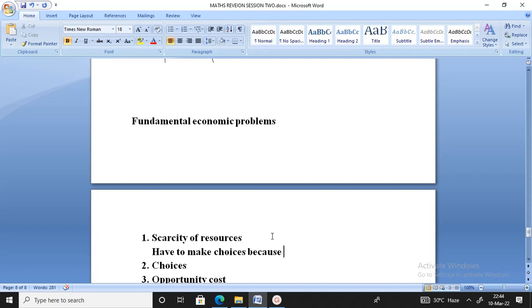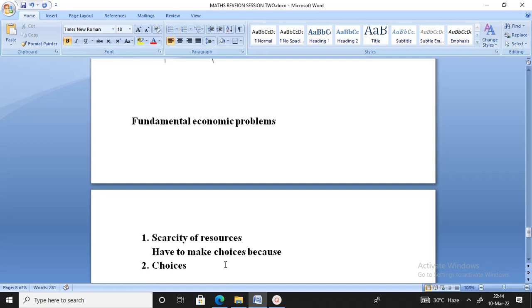So scarcity means the firms do not have enough resources to offer all the services that they can offer in the industry. Because of that, firms have to make economic choices.